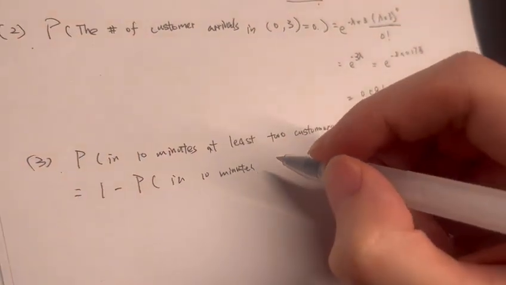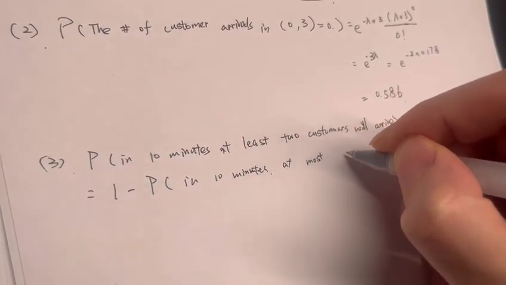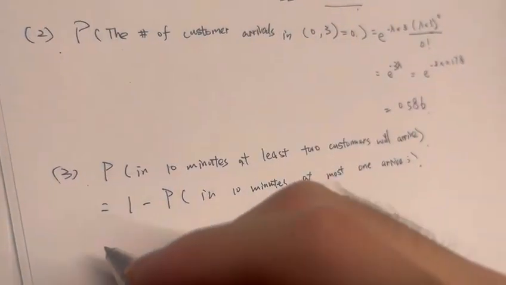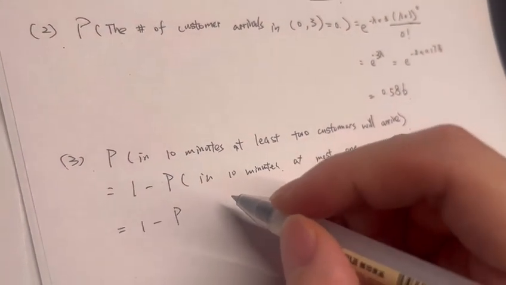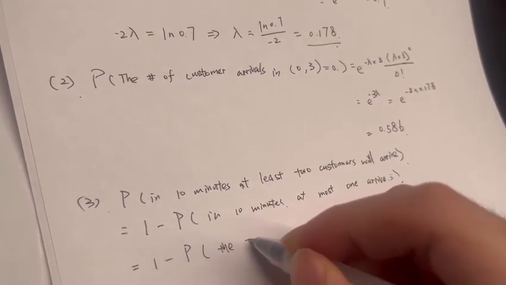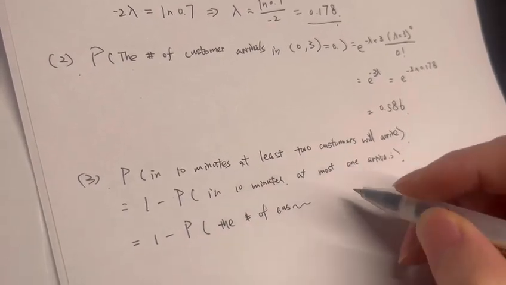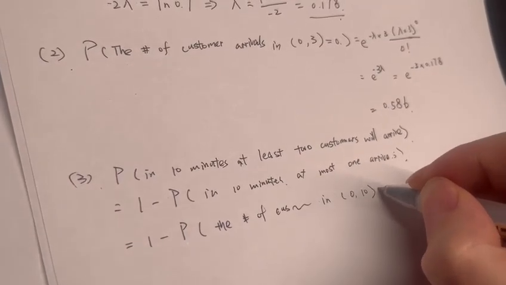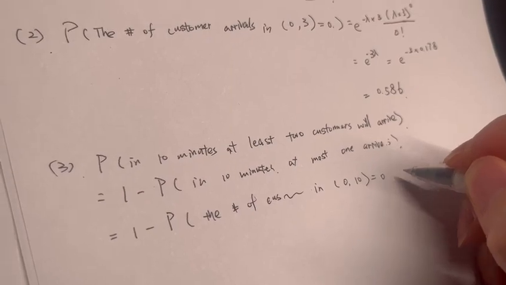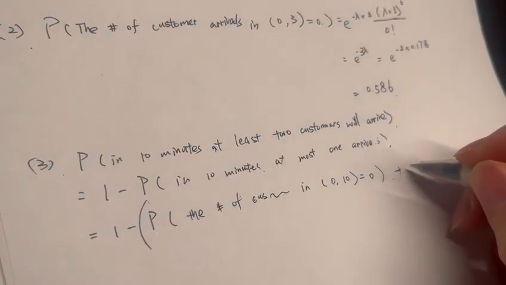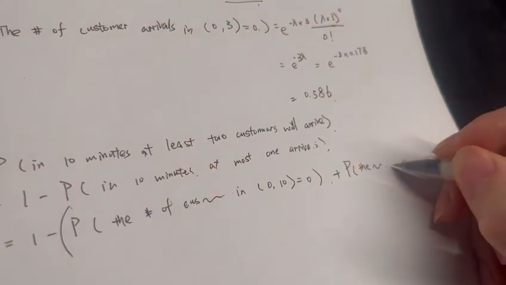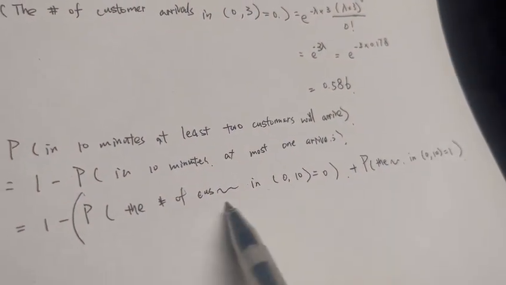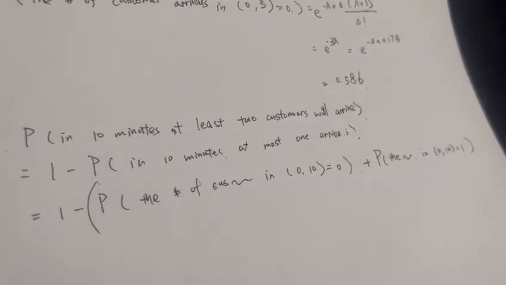So it equals 1 minus the probability that the number of arrivals in a time period from 0 to 10 equals 0, plus the probability that the number of customer arrivals in 0 to 10 equals 1. This is the probability that in 10 minutes at most 1 customer arrives.